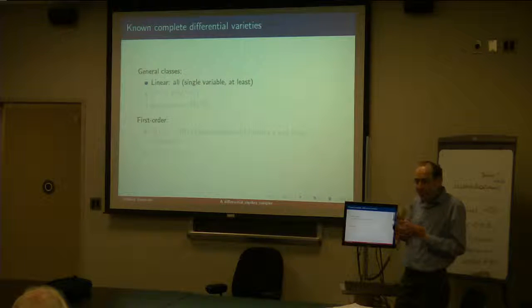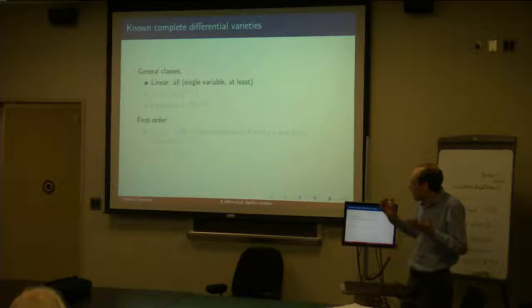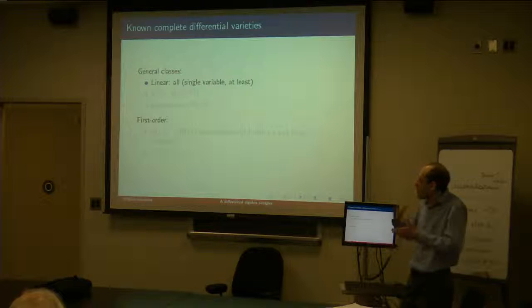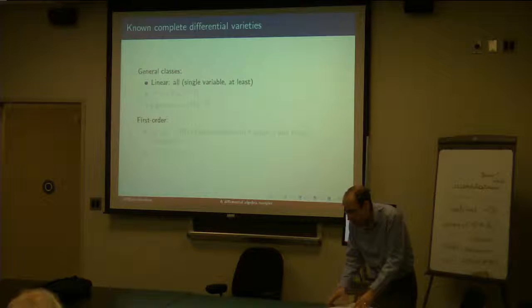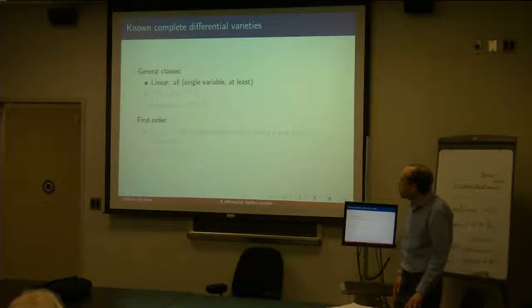It's basically that I found the method and then tried to apply it to whatever was at hand. Certainly there are other examples around that you could verify with this method, but we'll see why the situation is complicated, and so it might not be the most interesting thing to just get a bigger and bigger list of complete ones, because there are some incomplete examples, and we'll talk about those as well.